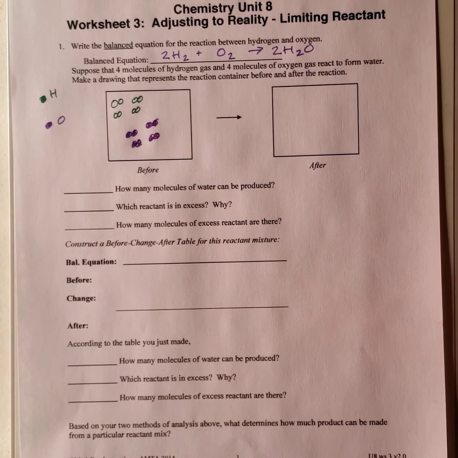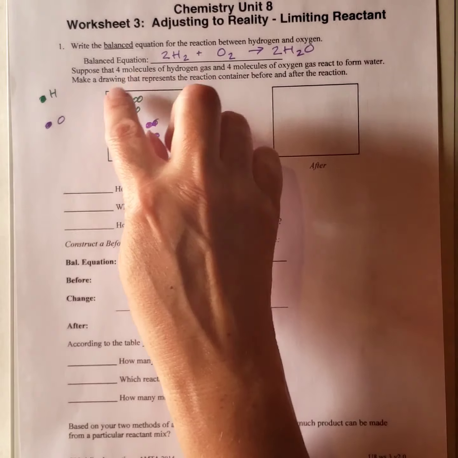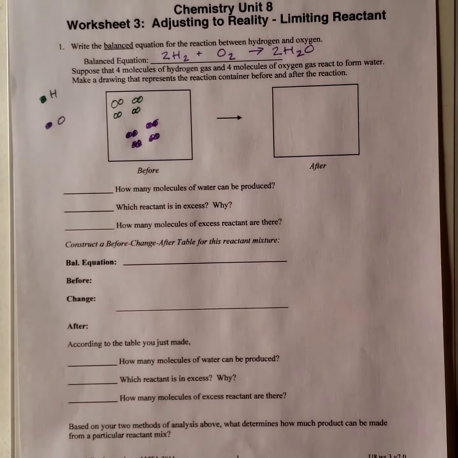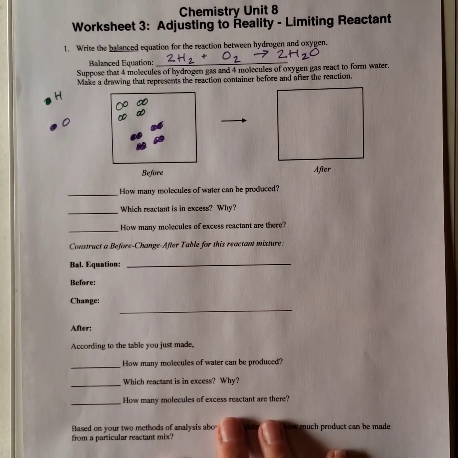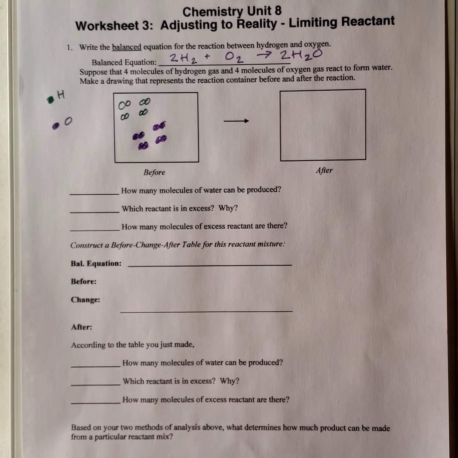All right, so I have 4 molecules of hydrogen, 4 molecules of oxygen, they're diatomic. It forms water. So this is our before. Now we need to put it together after.